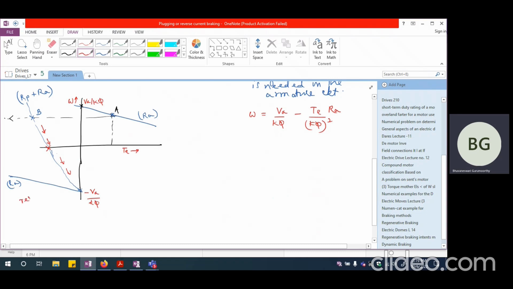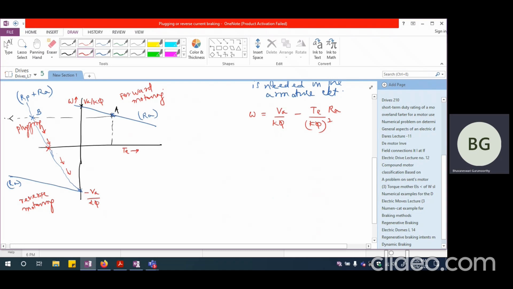So this is the reverse motoring quadrant, which is the third quadrant, whereas this is going to be the forward motoring quadrant. So we can call this the plugging characteristics, which is in the second quadrant. And the moment it reaches zero speed, we have to disconnect the switch.